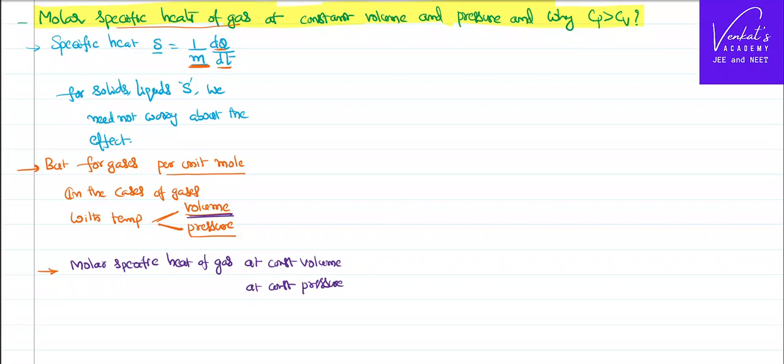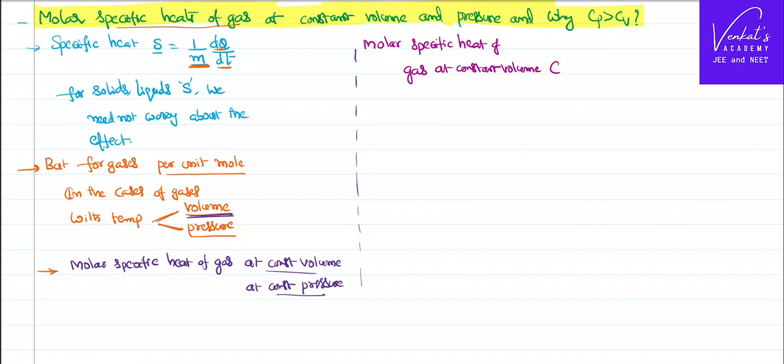So let us define each of them separately. First, let me define molar specific heat of gas at constant volume.